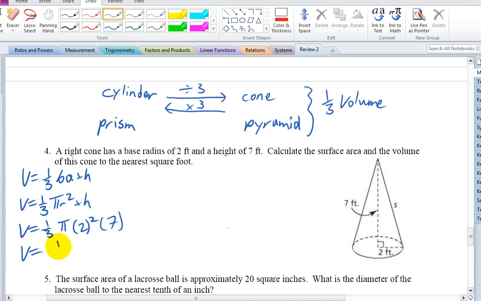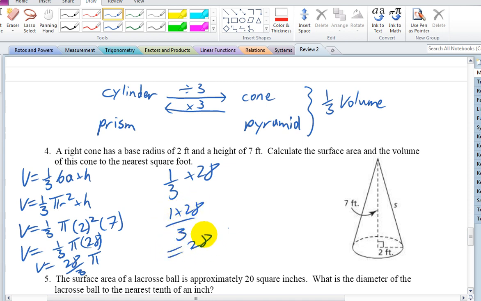So volume equals 1/3 pi times 28. So volume equals 28 divided by 3 times pi. So 1/3 times 28 is 1 times 28 divided by 3, which is 28 over 3. Kind of expecting you to know that. Okay. So multiplying a fraction by a whole number, how to do it.